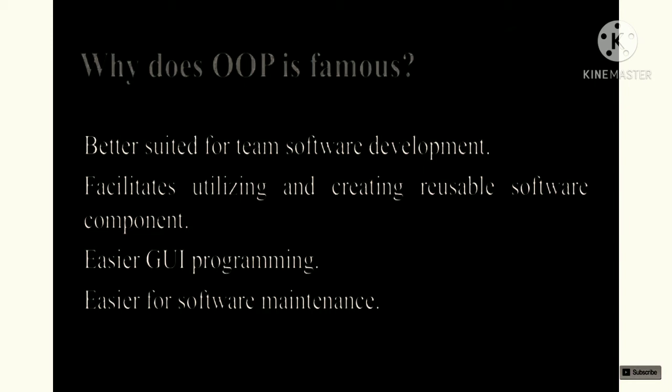Object-oriented programming is an engineering approach to build software systems. Object-oriented programming uses the concept of objects and classes to model real-world entities. Now it is clear, it is better suited for team software development, facilitating the utilizing and creating of reusable software components, easier GUI programming, and easier software maintenance. It consists of a group of cooperating objects.